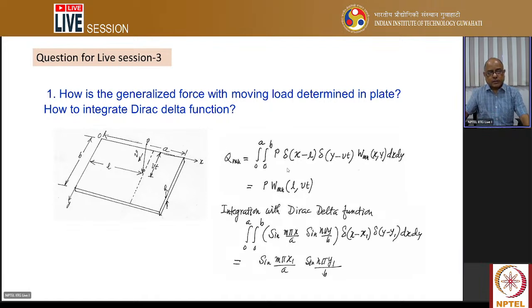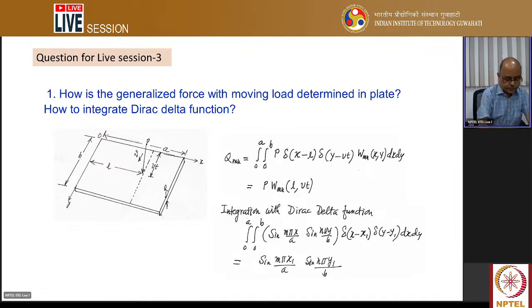Therefore this is expressed as P times the Dirac delta function of x minus L. The Dirac delta function has to be used. Two Dirac delta functions are used here because it is specified at x equal to L, and this is also changing with time with velocity.